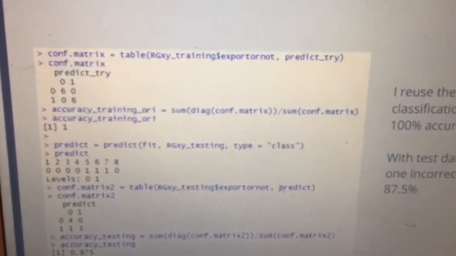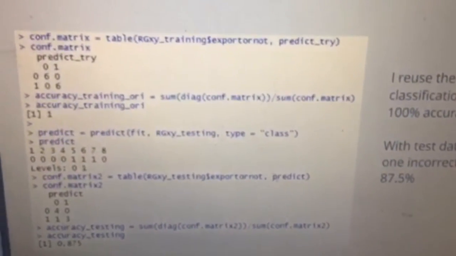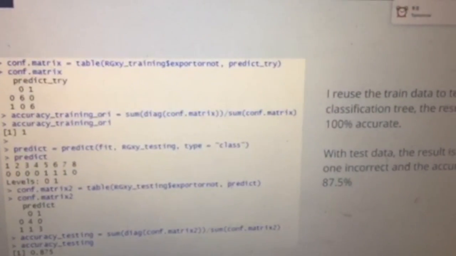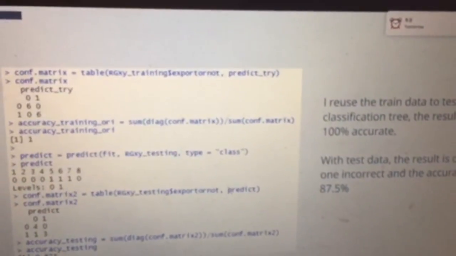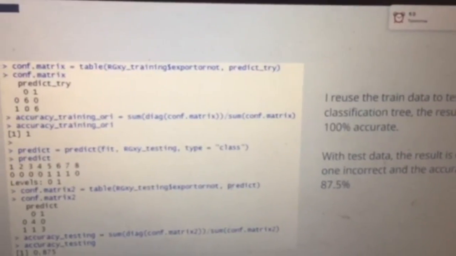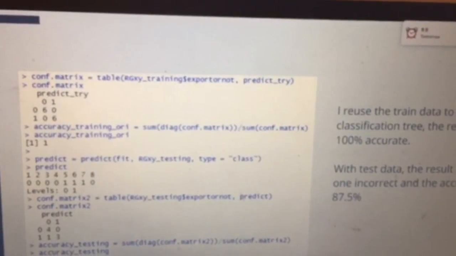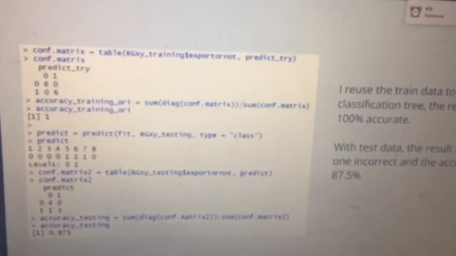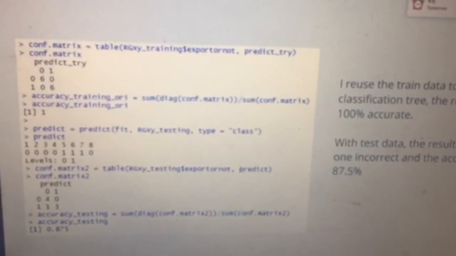The result is quite great though. Using the training data to test the tree is 100% accurate with no error. Then I used the new testing data to test the tree.